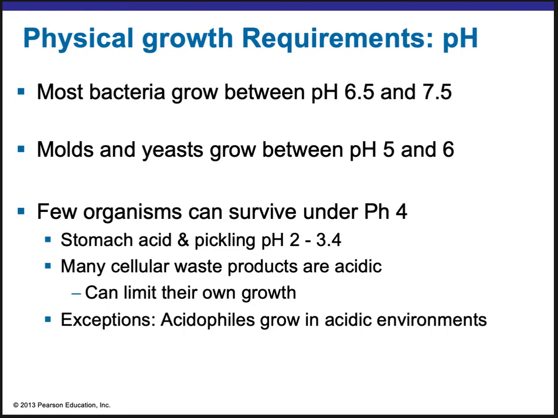Some bacteria can only tolerate from 7 to 7.5, whereas others might be able to go from 6.5 to 7. I'm not saying that all bacteria can tolerate the entire range, but if you look at the different groups of bacteria, they will fall somewhere between 6.5 and 7.5.